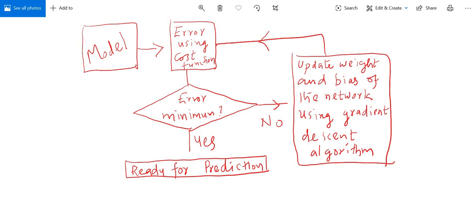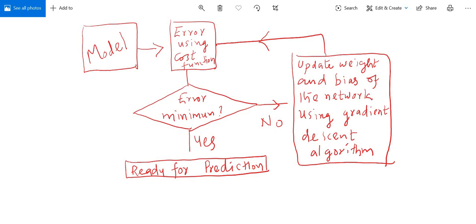If the error is not minimum, this right side block is very important. Update weight and bias of the network using gradient descent algorithm. So if the error is not minimum, we update the weight and bias of the network using the gradient descent algorithm.